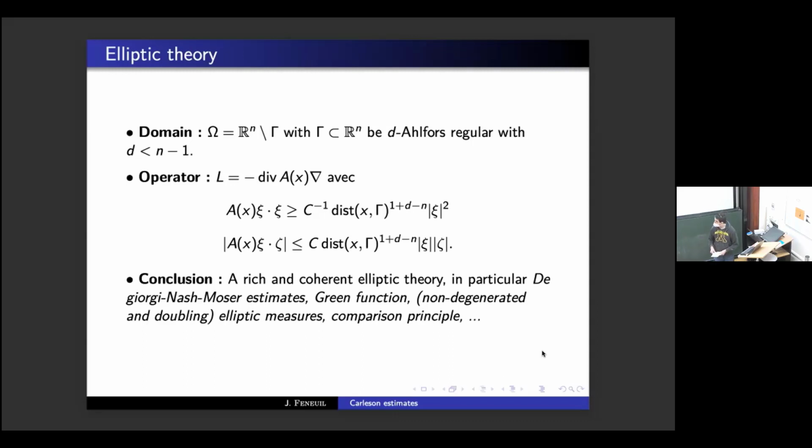So for instance, using some weighted Sobolev space, you can define a notion of trace on the boundary for some Sobolev space with the weight which is here. So you can construct solutions, and you can prove that the solutions are continuous.